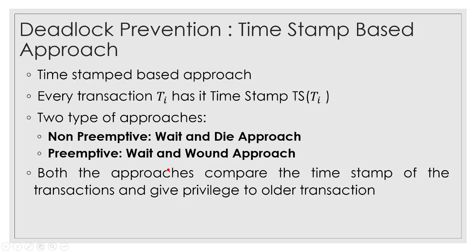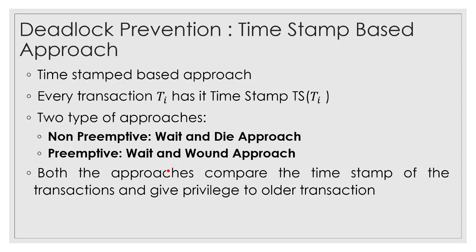Here, in case of 2PL, we are going to use mainly a timestamp-based approach for deadlock prevention. In the timestamp-based approach, each transaction Ti has a timestamp. It can be a token value, or it may be the date and time when the transaction started. Now there are two different approaches.